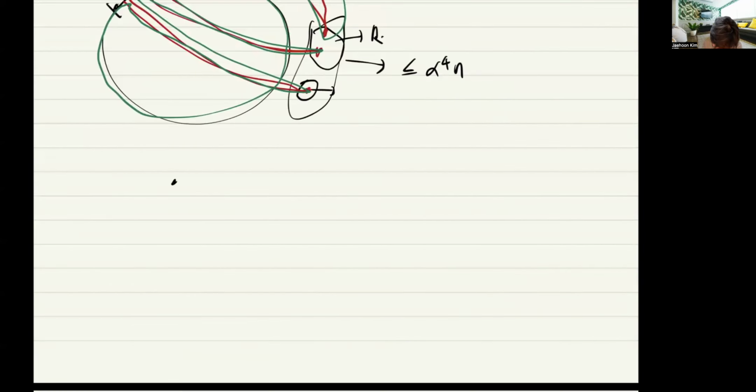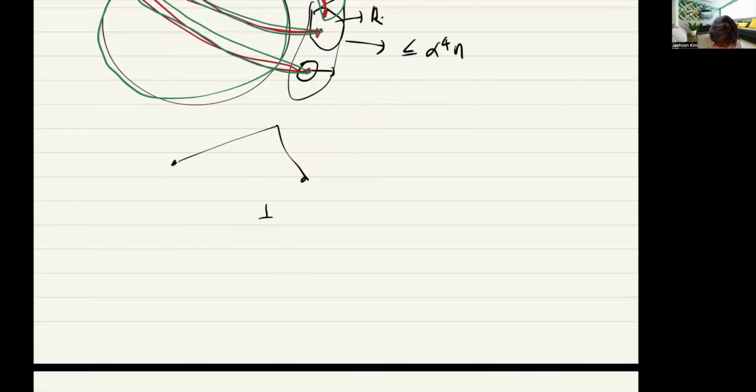Before, we had one vertex, and you can directly connect. In this Dirac example, you have half plus epsilon degree, so you find the common neighbor.